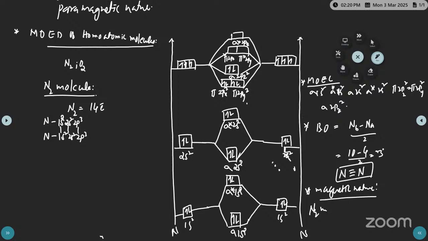Nitrogen molecule is diamagnetic in nature due to the presence of paired electrons.